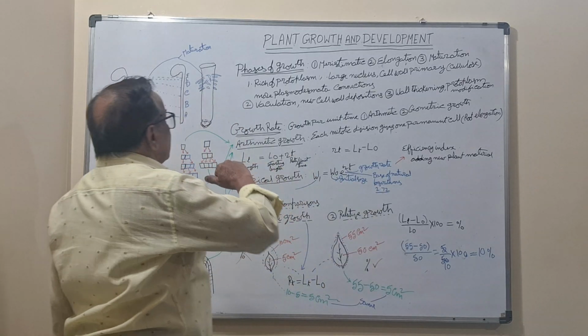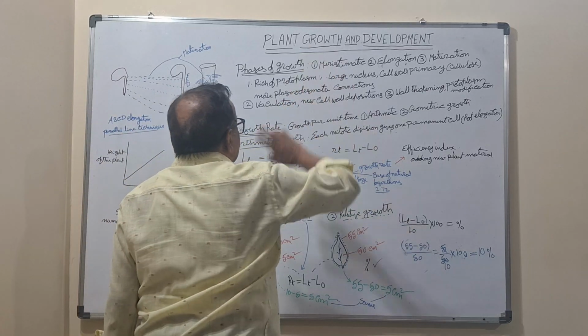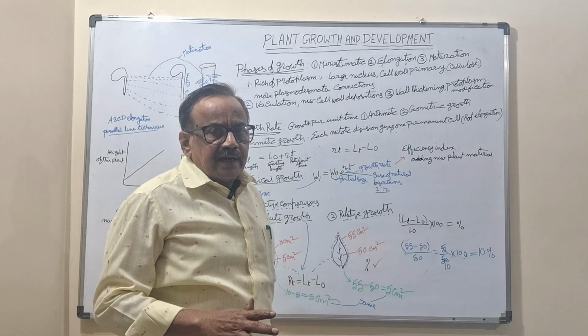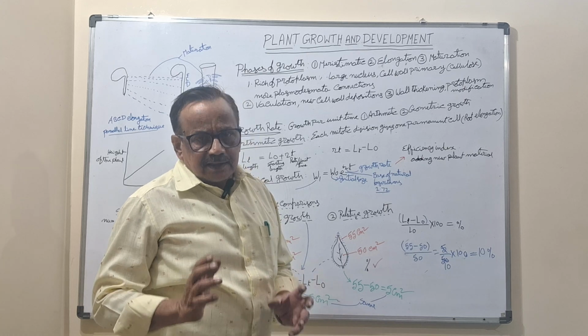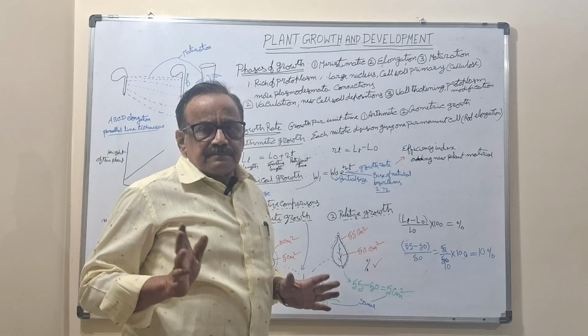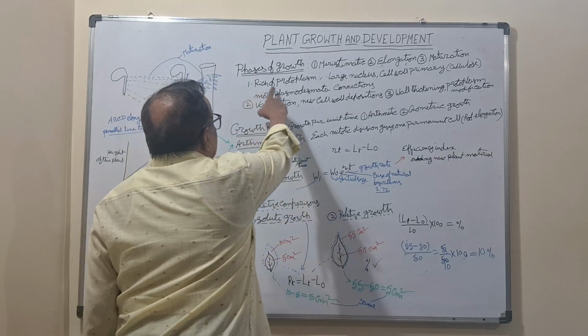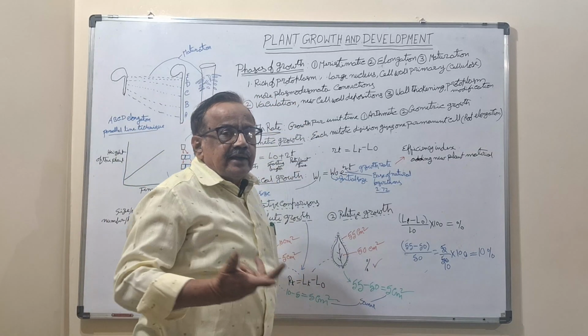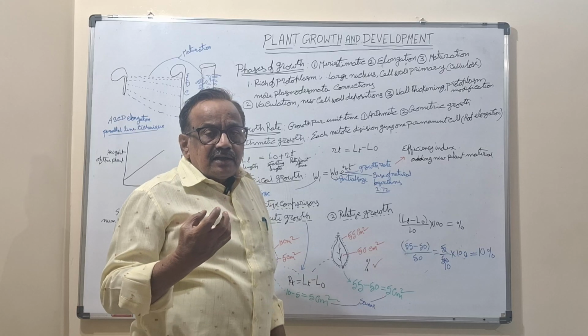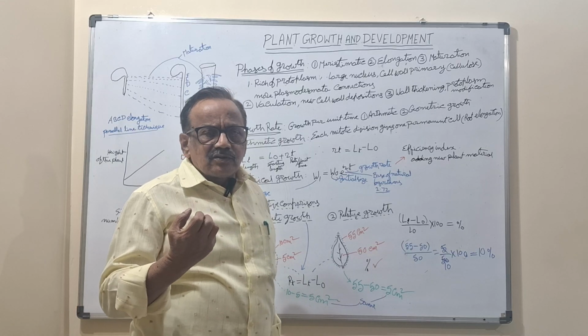For example, first, the meristematic cells. Whenever you see them, they are characterized by some characters, which may be given in matching or statement questions. Now, they are rich in protoplasm. Why? Because their protoplasm is highly active, because the cell has to divide.